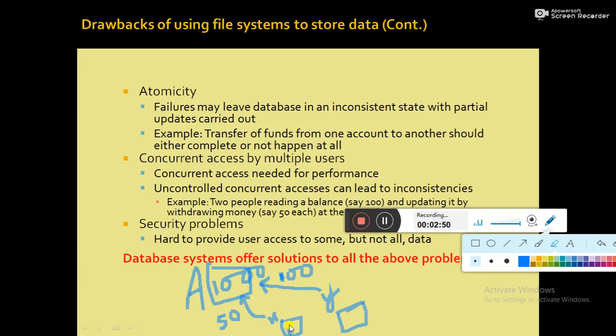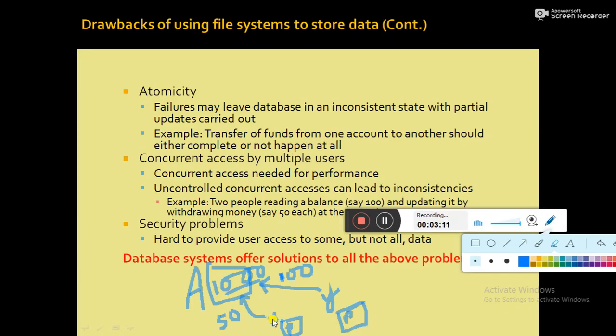the application program which will withdraw the amount. Say this is program P. So these two programs are responsible for withdrawing the amount from account A. When X and Y are executing their program at the same time, both programs read the original value of account A, which is 1000 rupees.